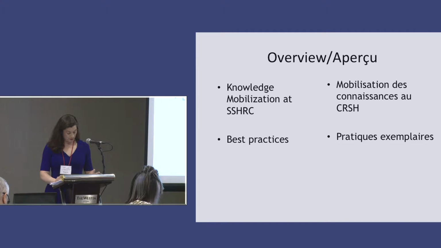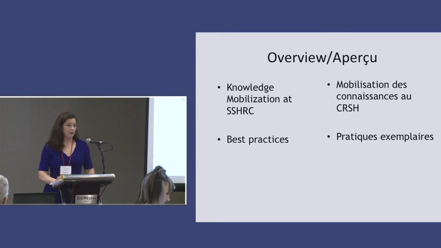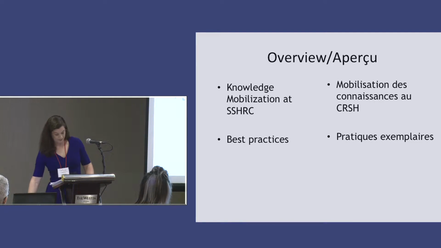So the approach to knowledge mobilization seeks to optimize what you are already doing and considering the most appropriate indicators that align with your anticipated short and long-term results. So we have new KM guidelines posted on the SSHRC website, and there's some really helpful case studies there, so I invite you to consult the SSHRC website, Effective Knowledge Mobilization Guidelines.